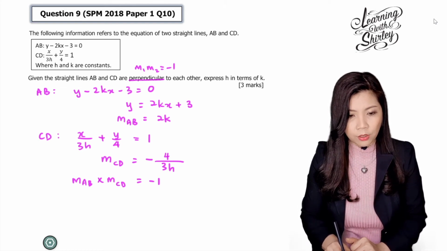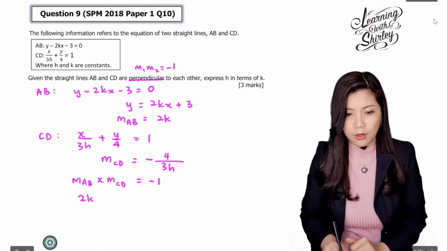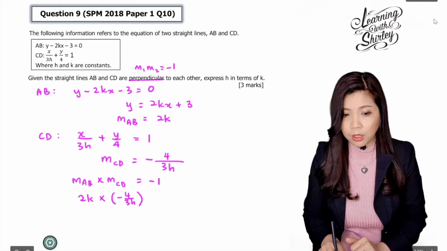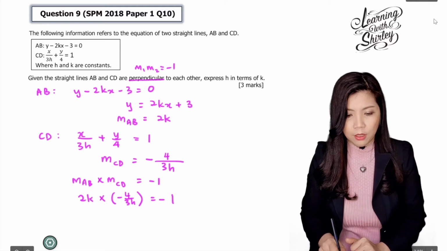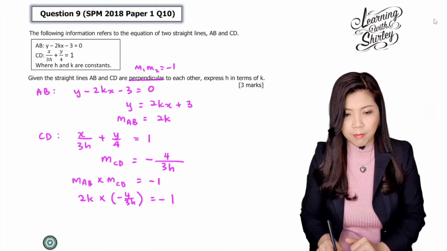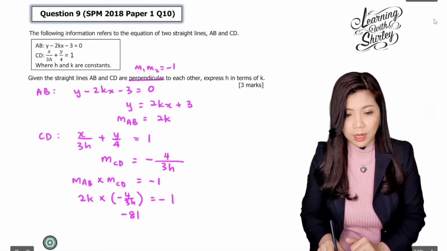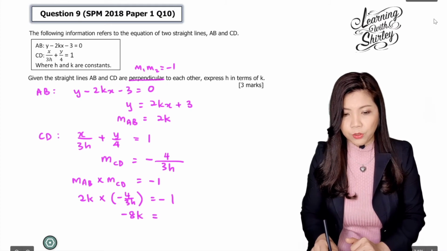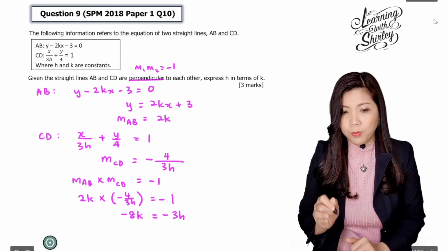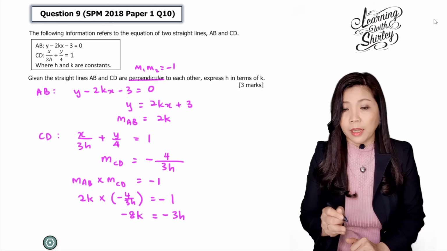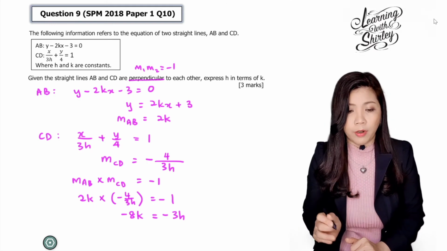So let's solve this. 2k times negative 4 over 3h equals negative 1. 2k times negative 4 is negative 8k. The 3h shifts over to the right hand side and becomes negative 3h. They want your answer to be h in terms of k, which means h on the left hand side and k on the right hand side.